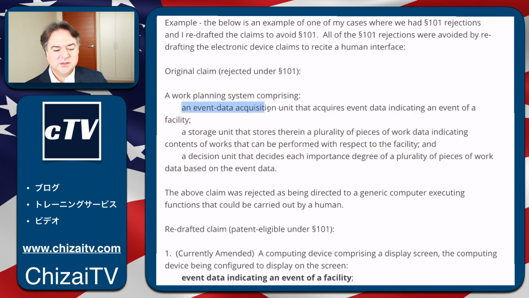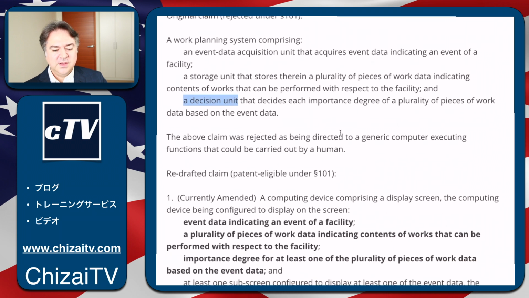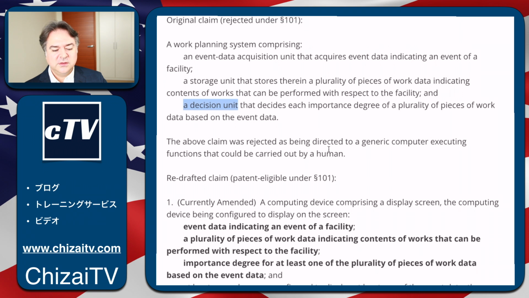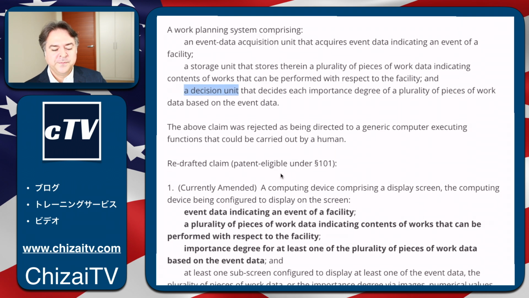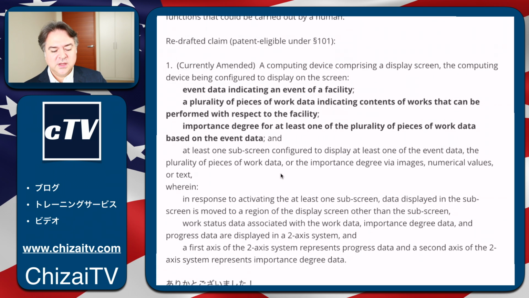It's a work planning system comprising an event data acquisition unit, a storage unit, and a decision unit. And these three have functions. It doesn't really matter what the exact functions are. And then, so this was rejected as being directed to a generic computer executing functions that could be carried out by a human.